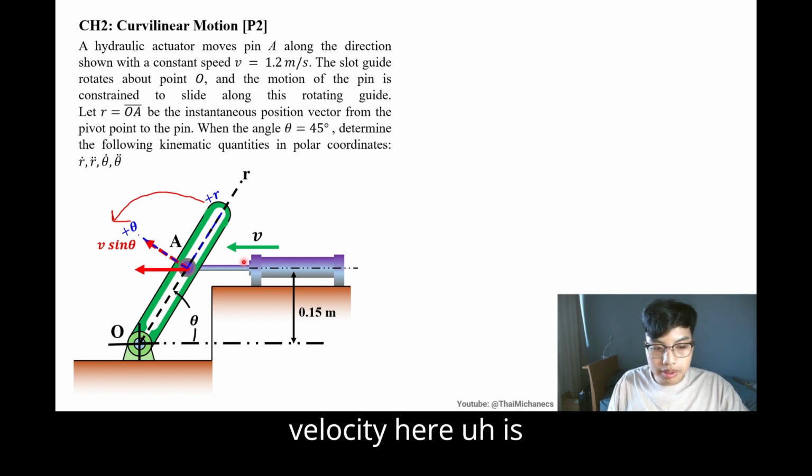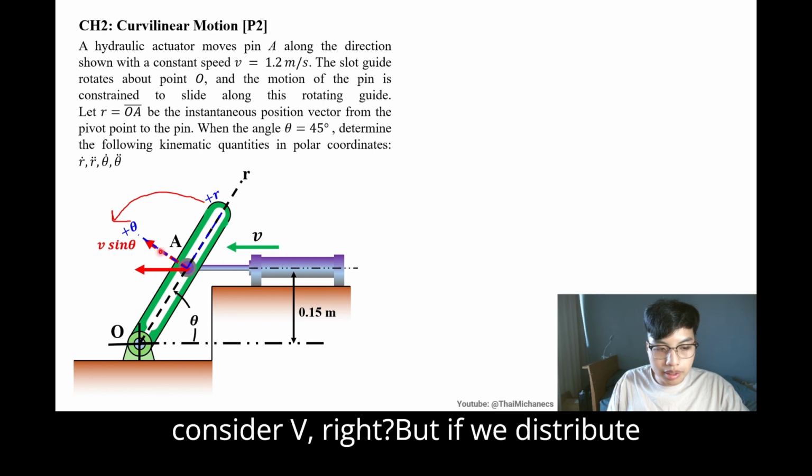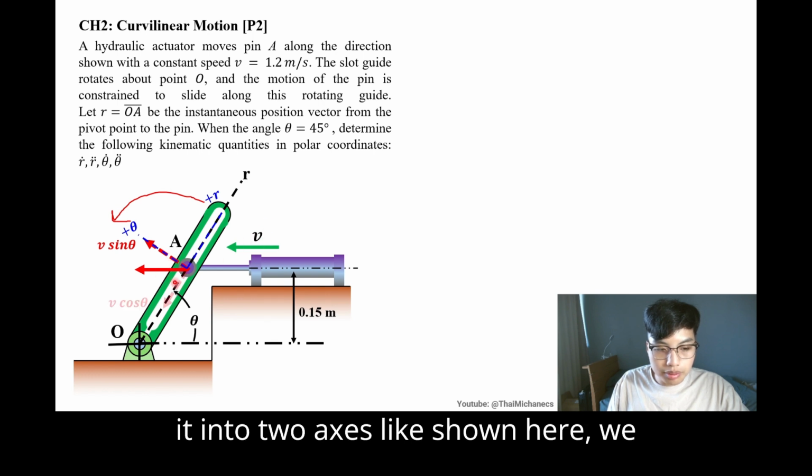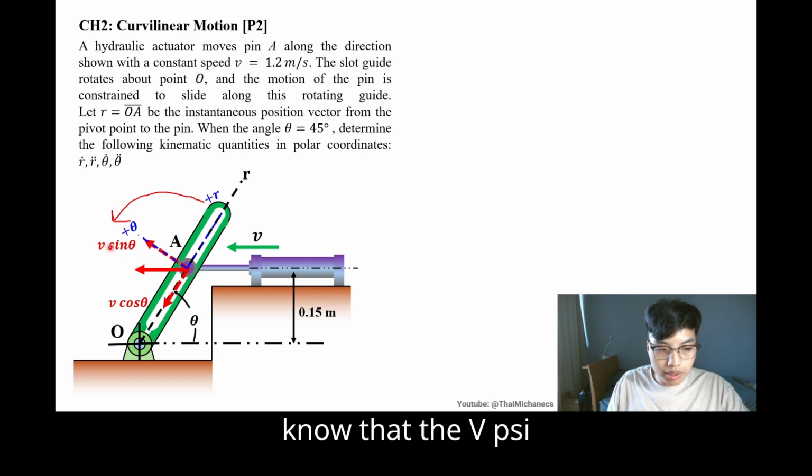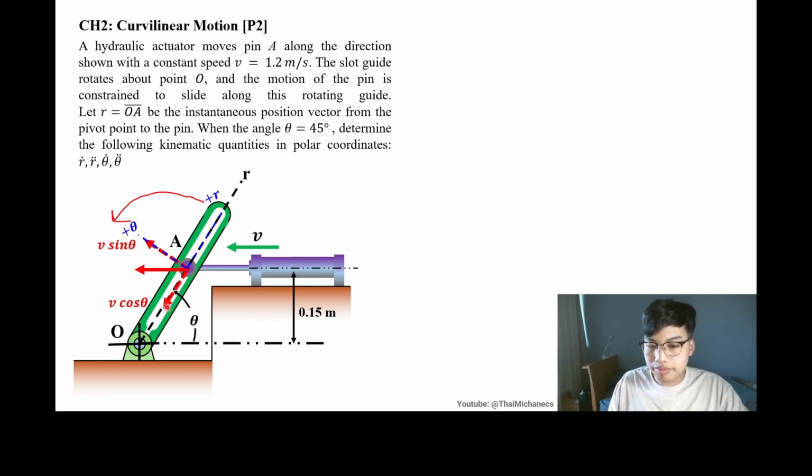The velocity here is considered v, but if we distribute it into two axes like shown here, we know that v sine theta will point toward positive theta, and v cos theta will point to the negative r here.